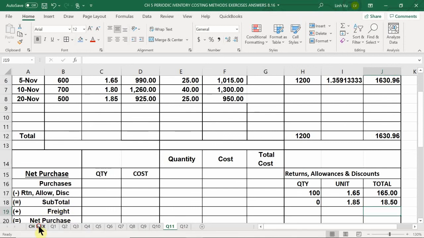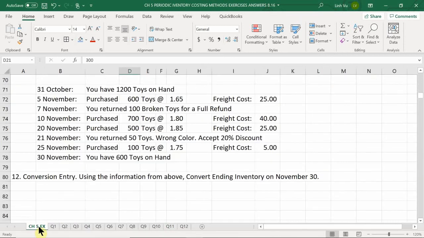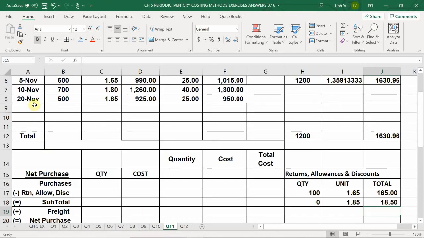All right. Last but not least, on November 25th, we end up purchasing another 100 toys at $1.75 with a freight of $5. Okay, so let's see. Here we are. We purchase another 100 items at $1.75 with a freight of $5.